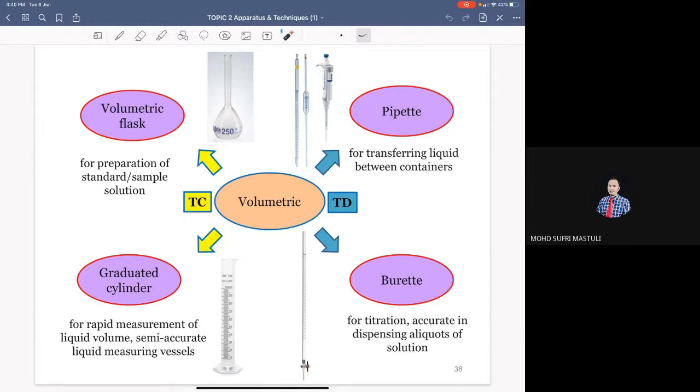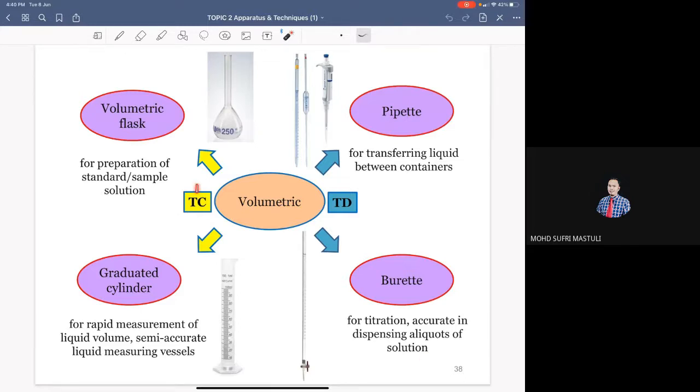The pipette is normally used for transferring liquid, which is why we call it to deliver. The same goes for the burette, normally used for titration, accurate in dispensing a liquid or solution.